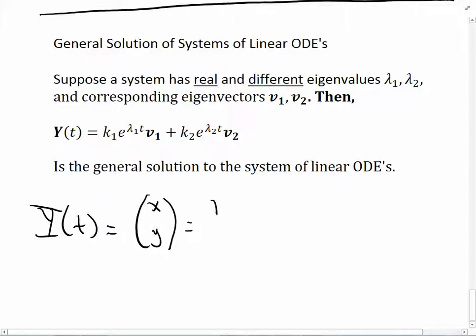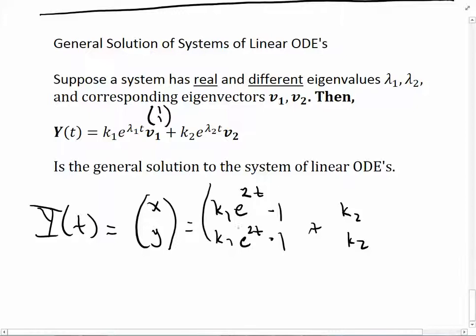So I'm going to write k1 e to the lambda 1t, where lambda 1 is 2, and v1 is the vector 1, 1. So that must mean that I'm going to have k1 e to the 2t times 1, 1, and this guy will be plus k2 on both ends because it gets distributed, right?